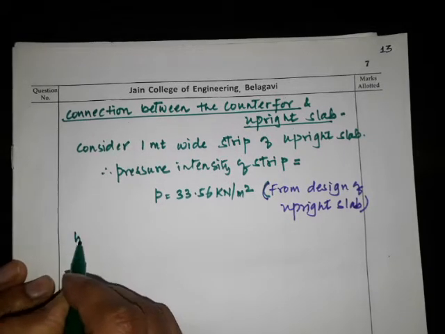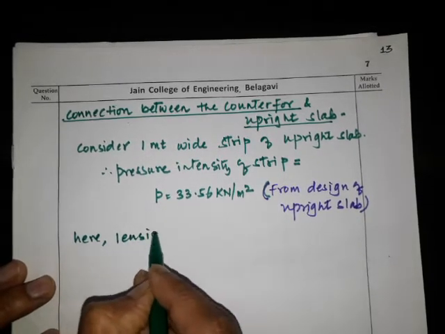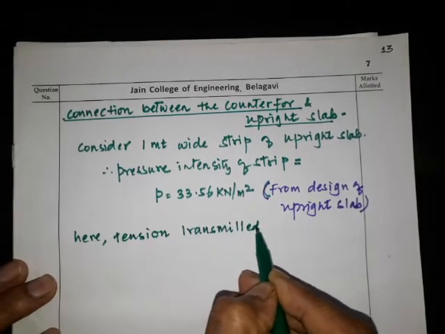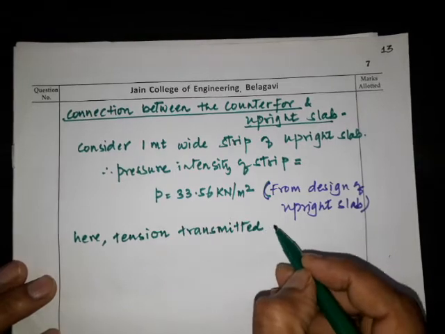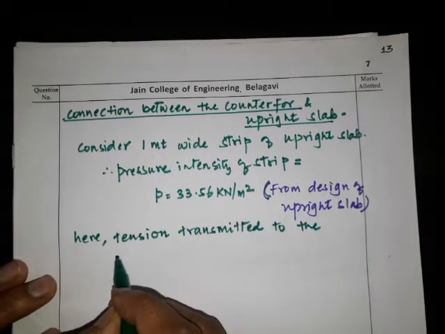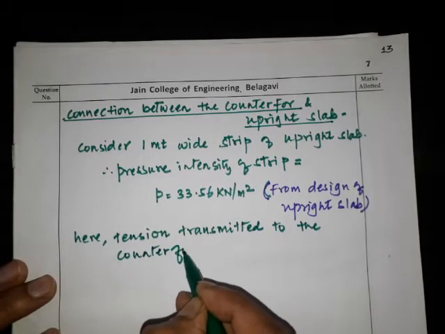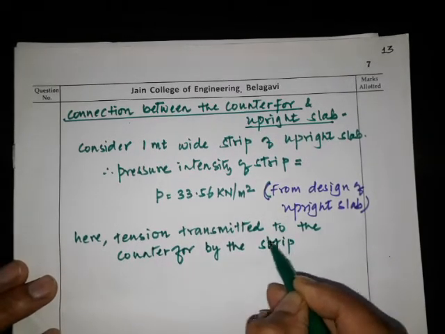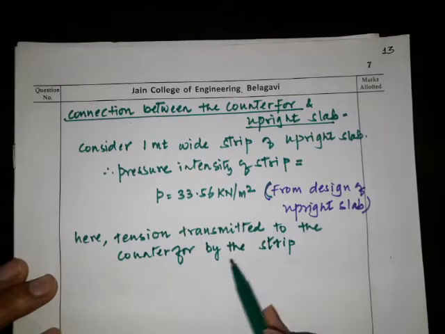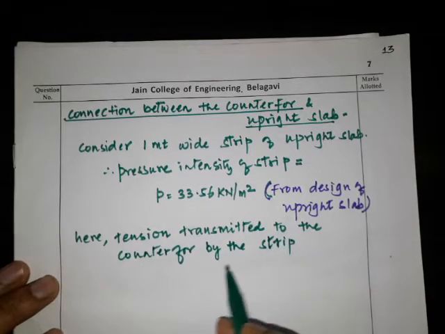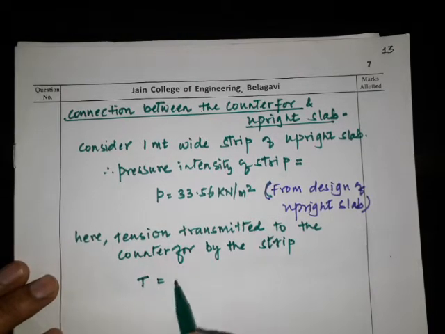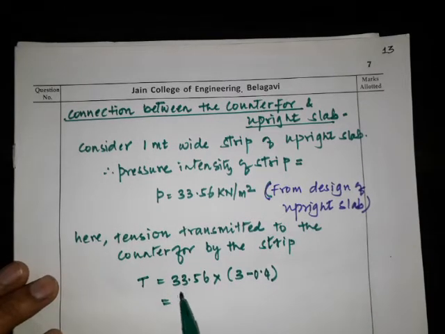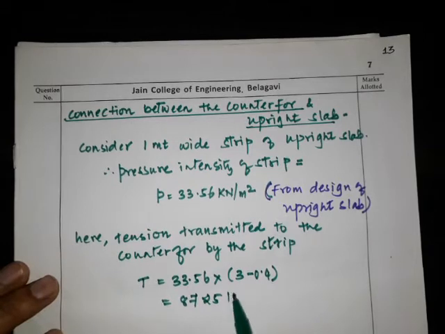So here, the tension transmitted to the counterfort by the strip, T, is equal to 33.56 into 3 minus 0.4. So this will be 87.25 kilonewton.